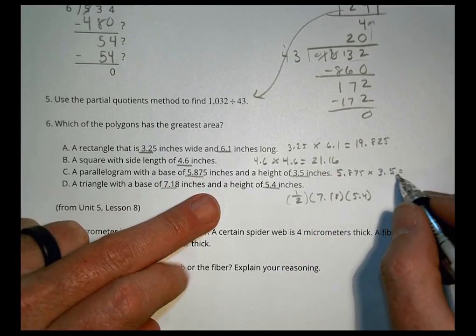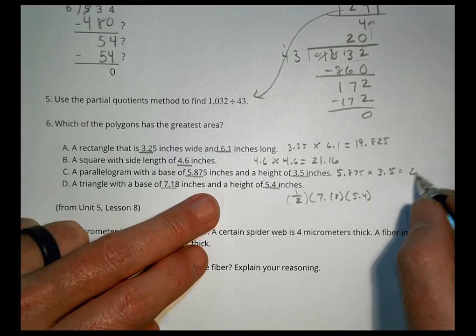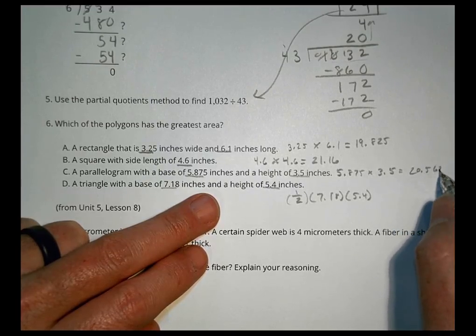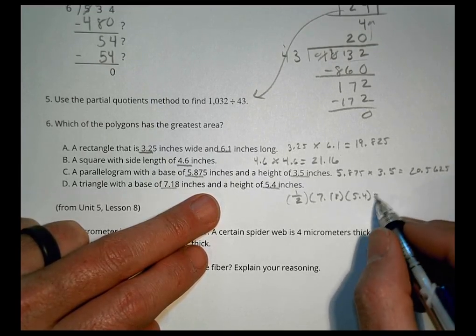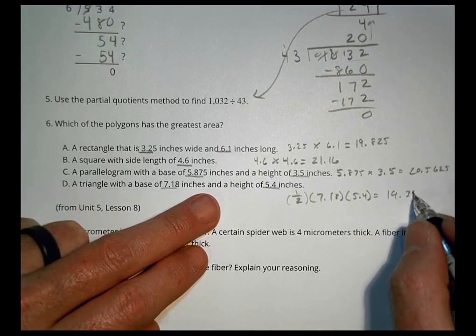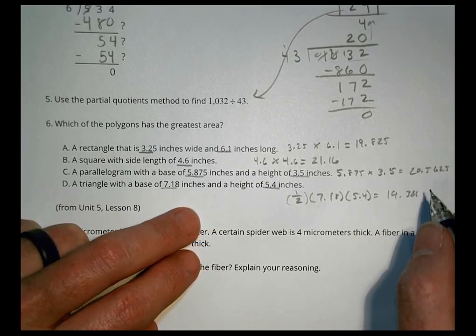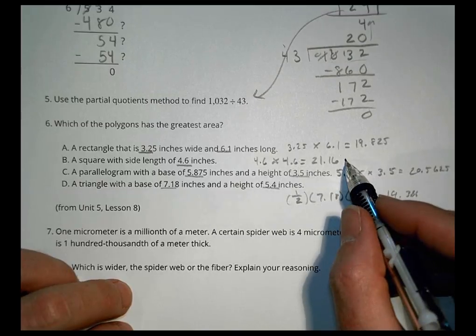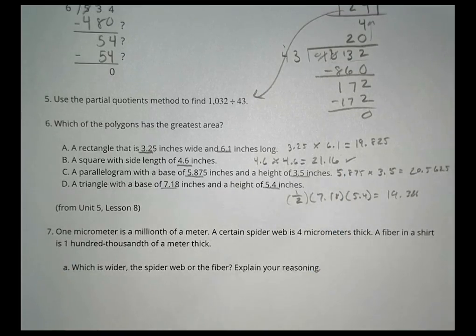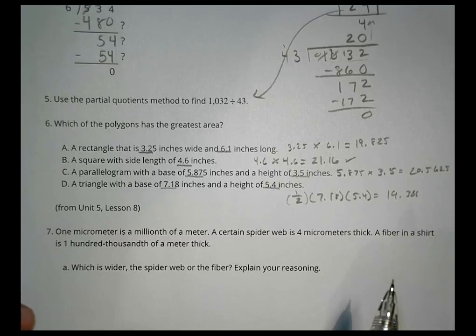This one here, I multiply those together, and I end up with 20.5625. And then finally this one ends up with 19.386. So my second time working for this one, I would say the square has the greater area of 21.16 if I'm doing the math right there. Okay, double checking 36, 24, 27, 0, 4, 2, 16, 18, 6, 11. Yep, there we go. Cool.